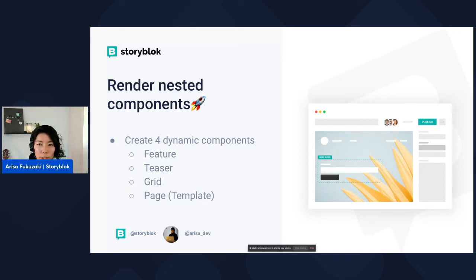To create such logic, first of all, we need to create these components. Otherwise, we cannot see them. So these are the components that we are going to create and render dynamically in the end. I'm going to create feature, teaser, grid, and page.